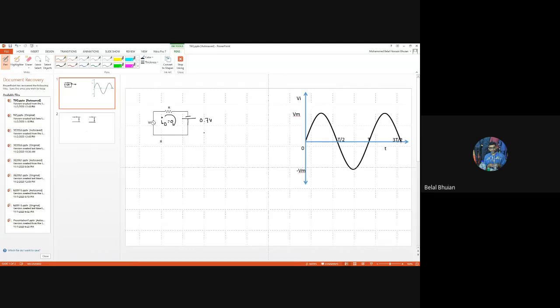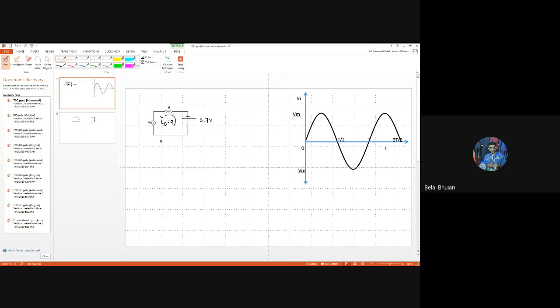Okay, so that means right now the diode in the circuit is going through a transition, which means it is going from on to off state or off to on state.